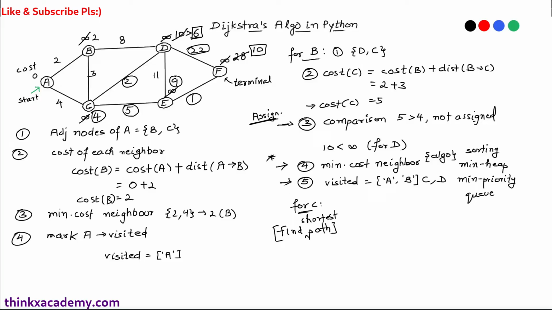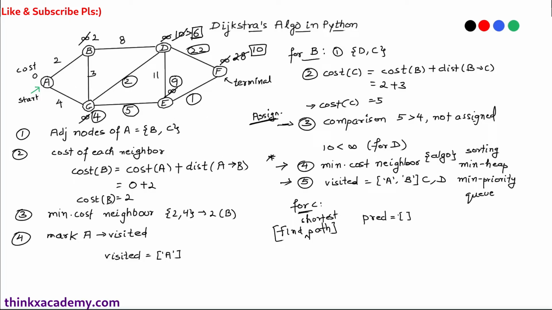Now the second thing is to find the shortest path from A to F. The basic idea algorithmically which we can do is, using cost, we can also maintain another variable, which is the predecessors variable, and predecessor is basically a set which will be empty for all of these nodes.